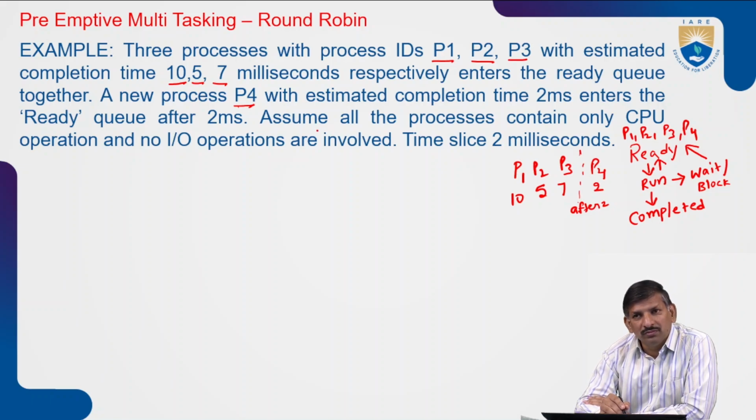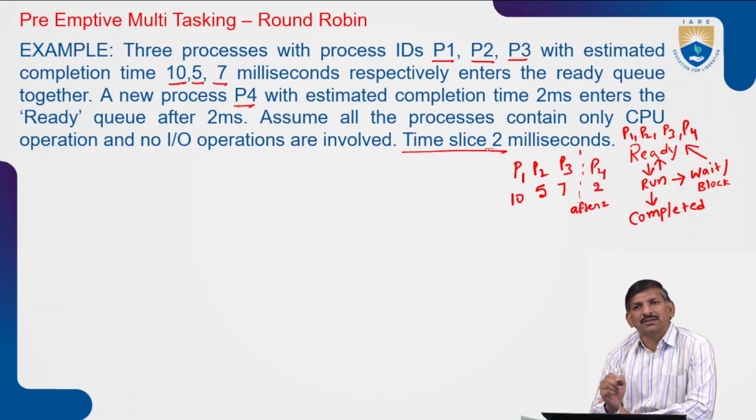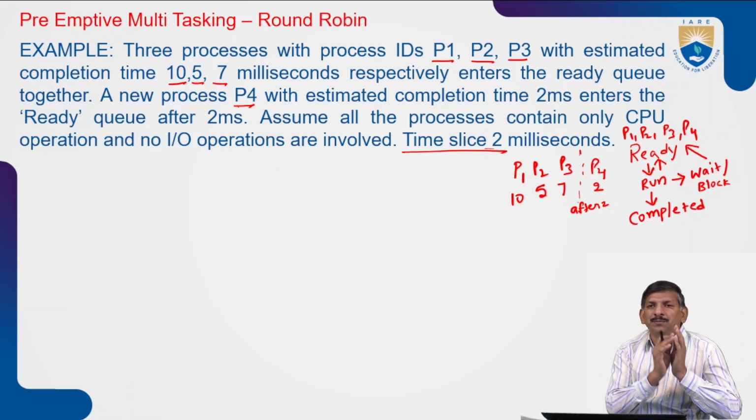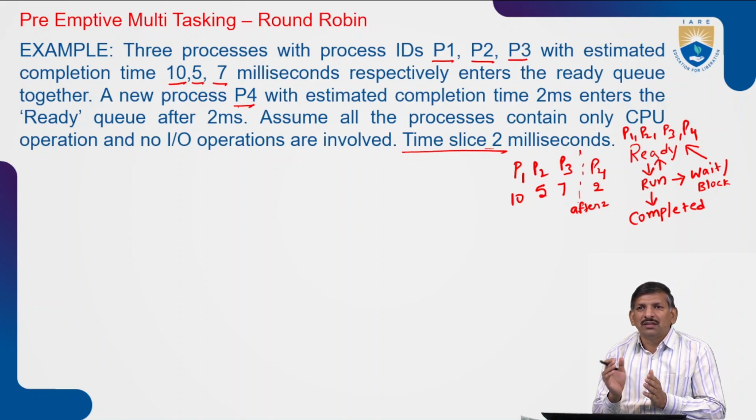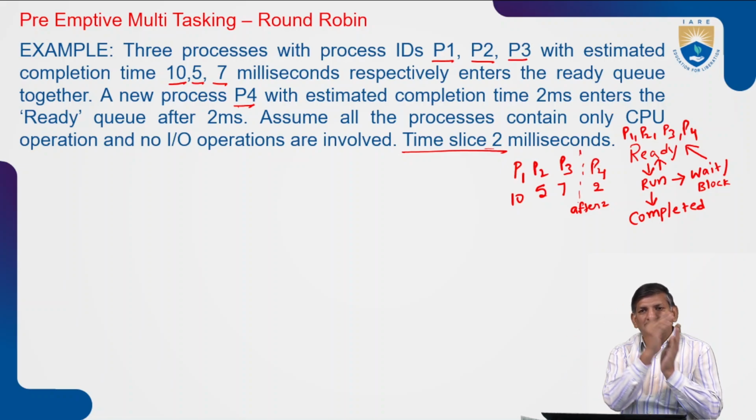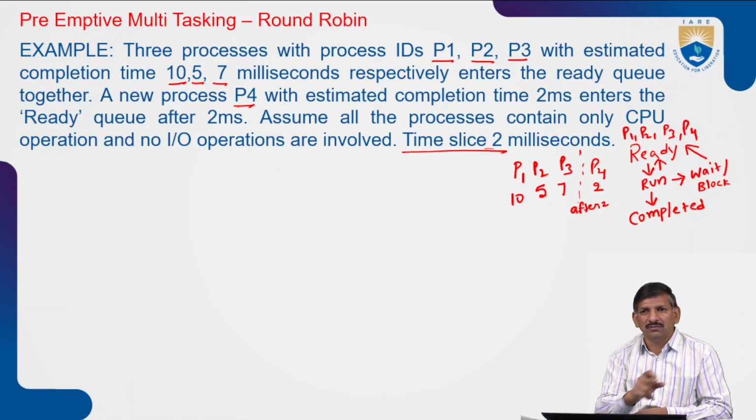Assume all the processes contain only CPU operations and no IO operations. Here the time slice is 2 milliseconds, meaning each process is executed for 2 milliseconds, again continuously and repeatedly, in a round.